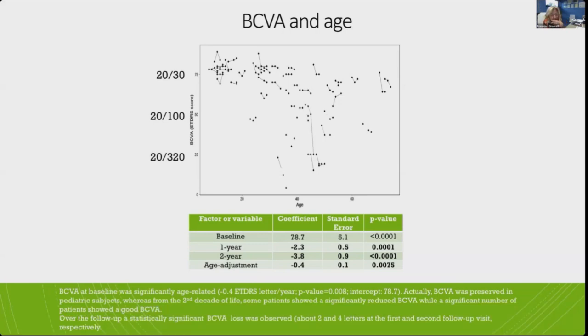A second observation about the progression of the disease, we noted over the follow-up a statistically significant best corrected visual acuity loss of about 2 and 4 letters at the first and second follow-up visit, respectively.